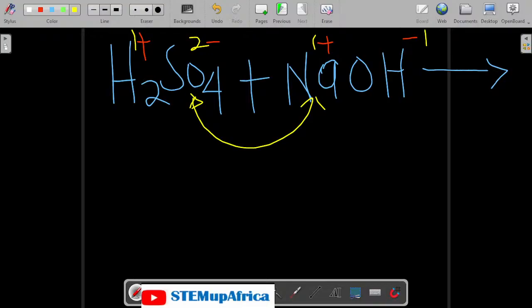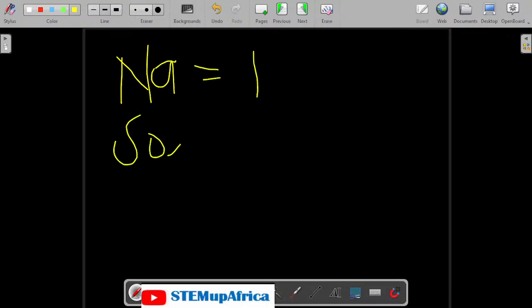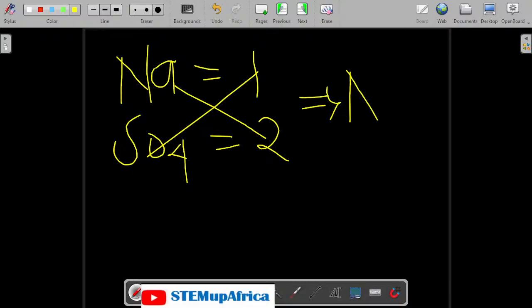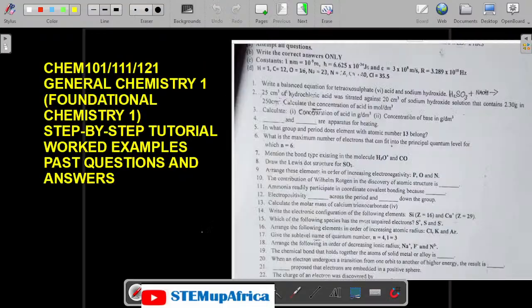So let me give you a sample. We're going to have sodium, which has a combining power of 1, while sulfate has a combining power of 2. So if I exchange their valency, I'm going to have Na2SO4. This is one of the products that will be formed.